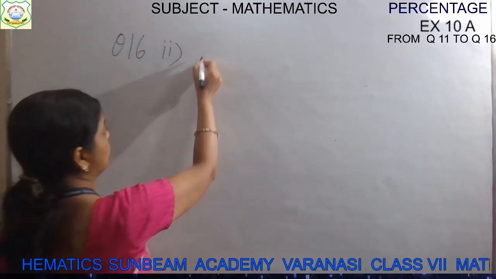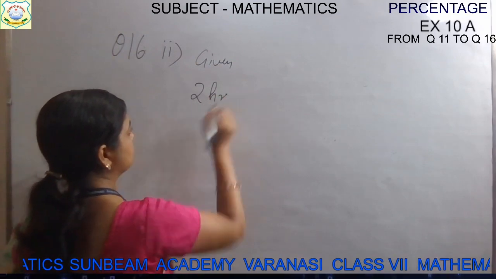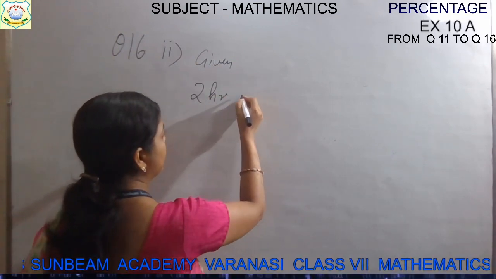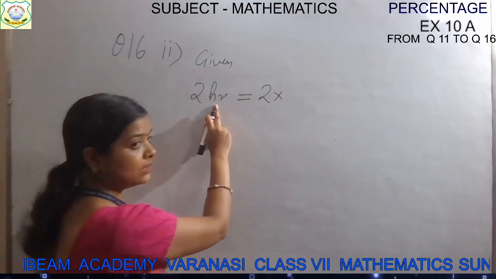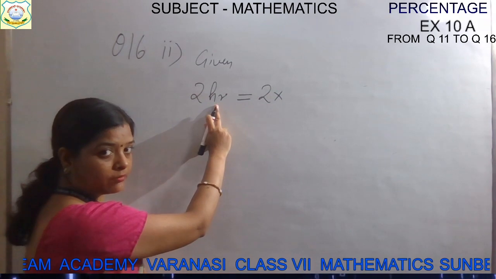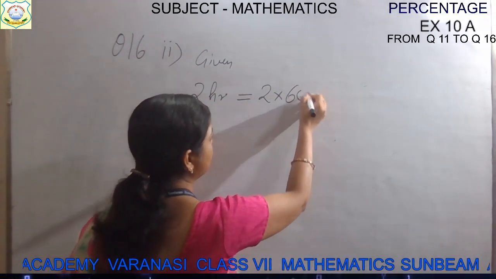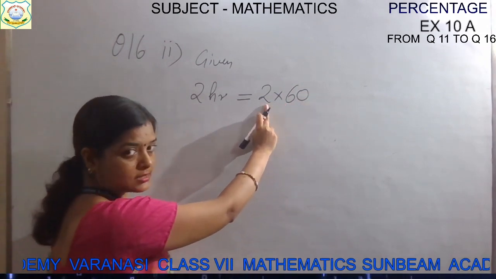Given 2 hours. In 1 hour there are 60 minutes. So in 2 hours we will multiply 60 minutes with 2. Is the conversion clear?